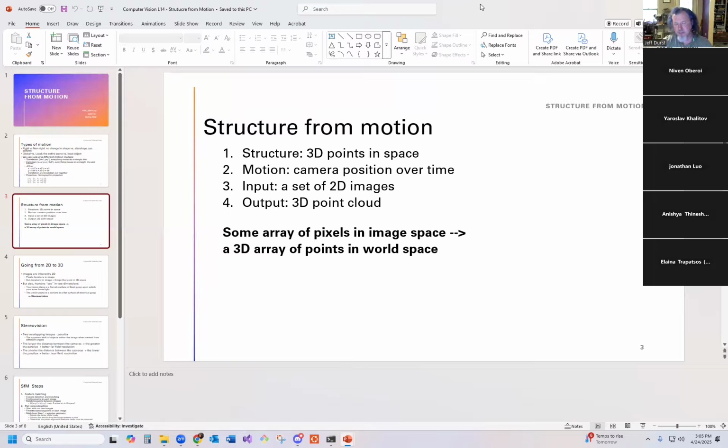And it's our job with structure from motion to find a way of turning our pixels in image space to points in world space. Right? We're going from our abstracted color space, feature space, scale space, whatever. And we need to math our way through that to get us to reality, essentially.